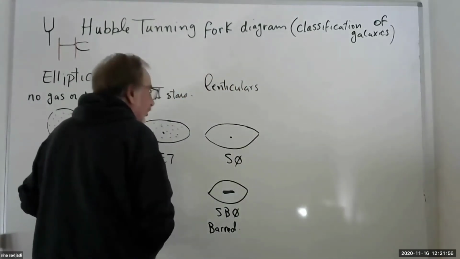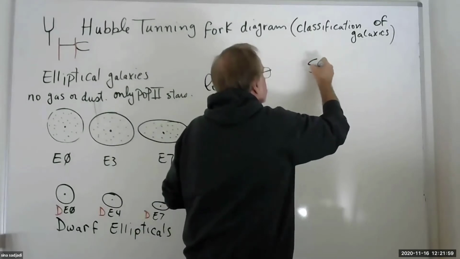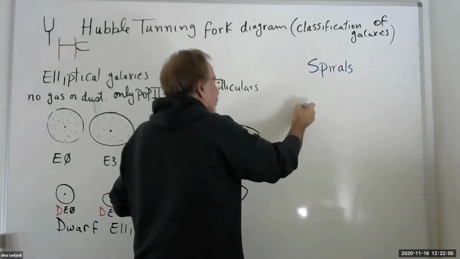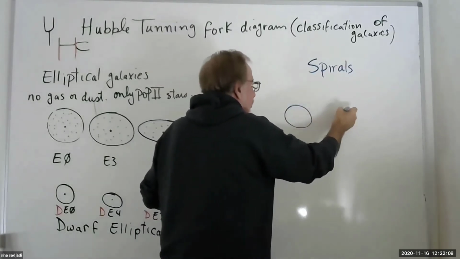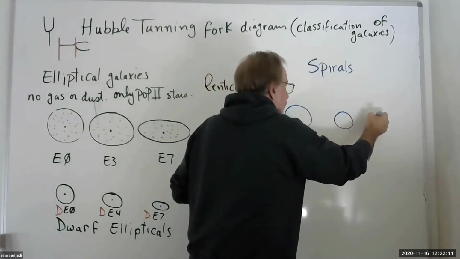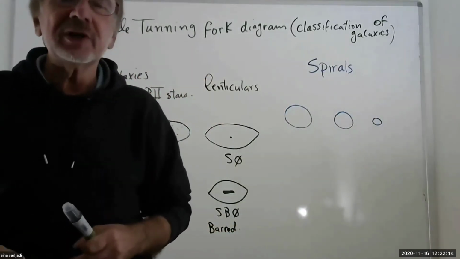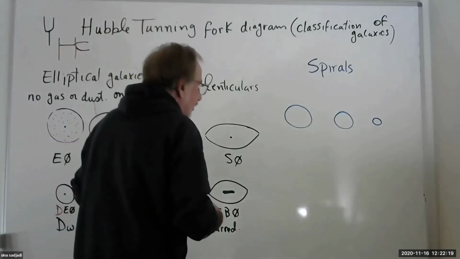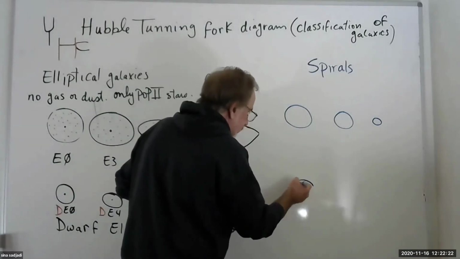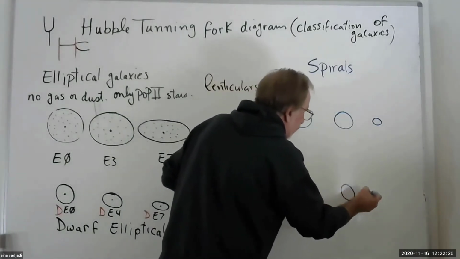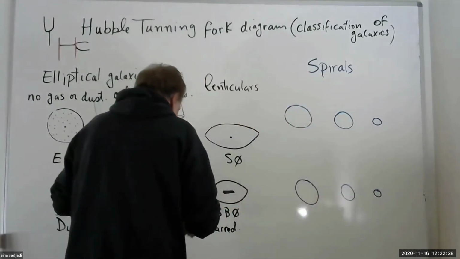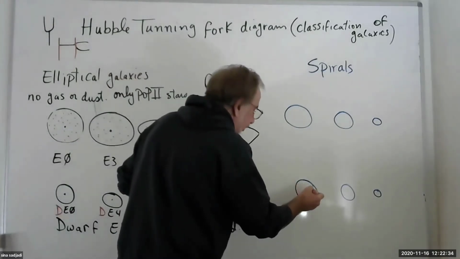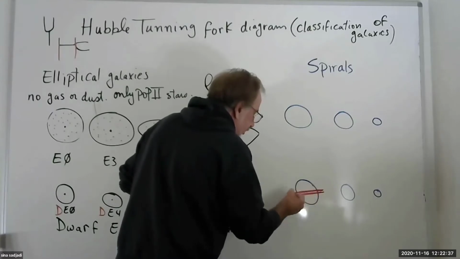So then we're going to have the spirals. Spirals begin with their nucleus, gigantically big, medium size, and small. So the size of the bulge is very big, medium size, and then smaller. And then we have some that have the same kind of nucleus, but they have a bar of dust and gas going right through the nucleus of the galaxy.